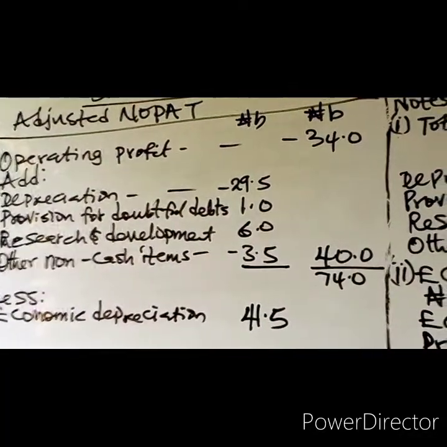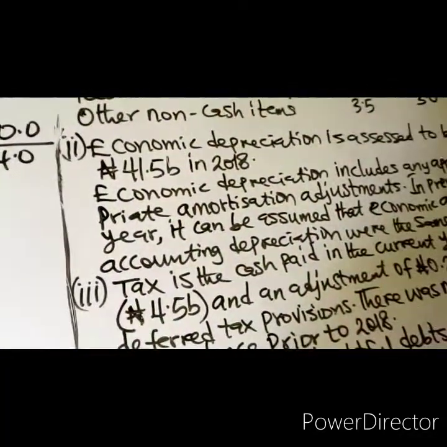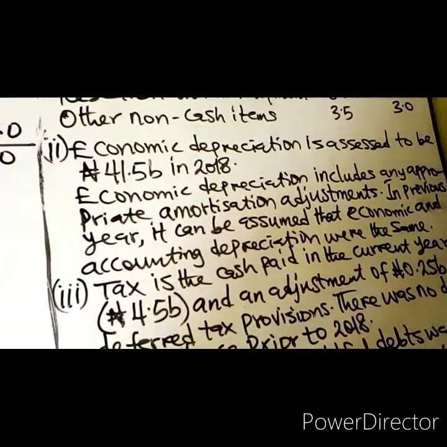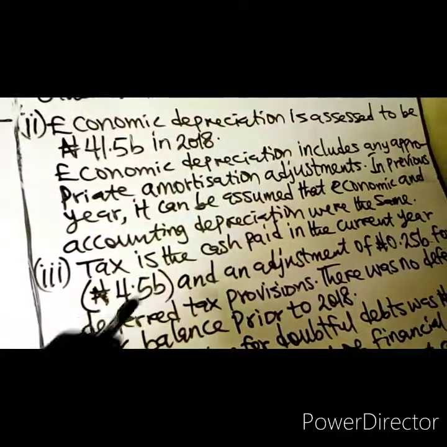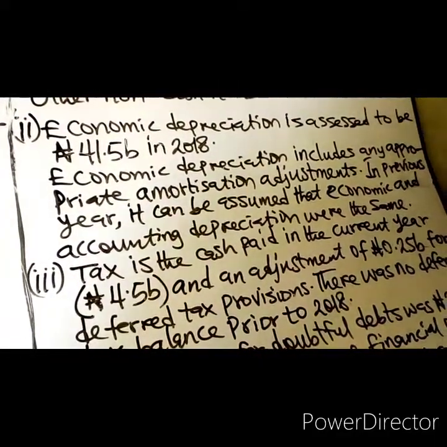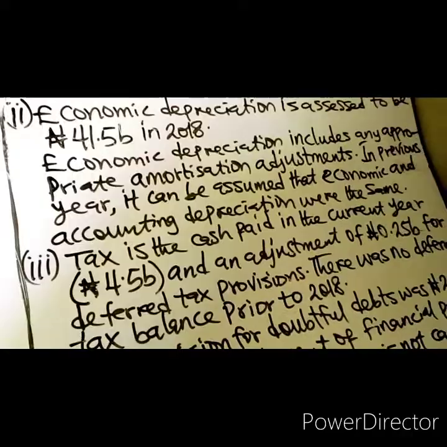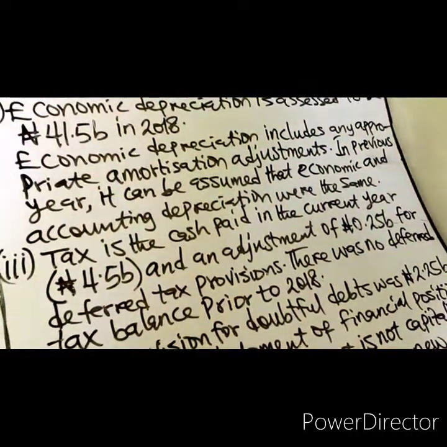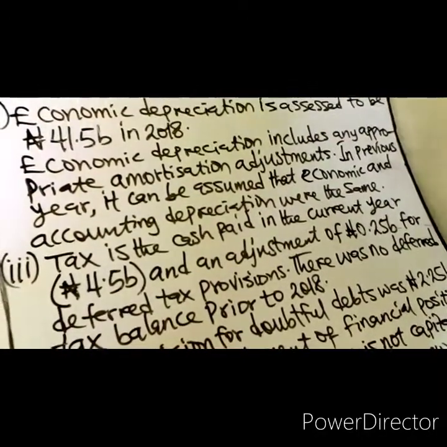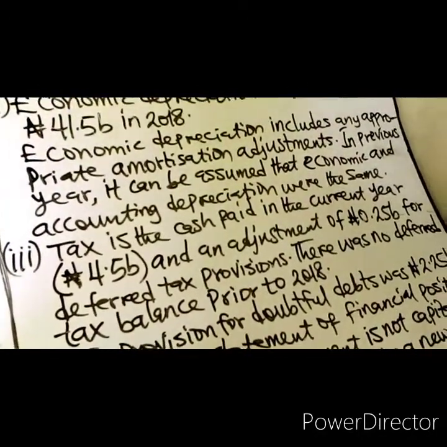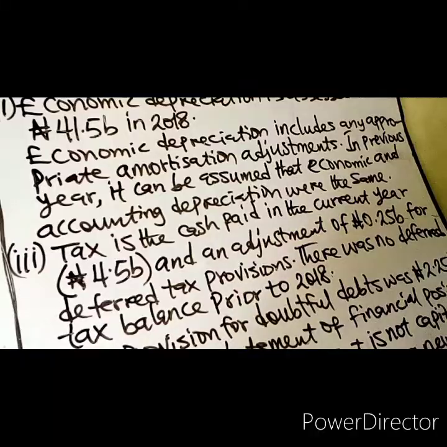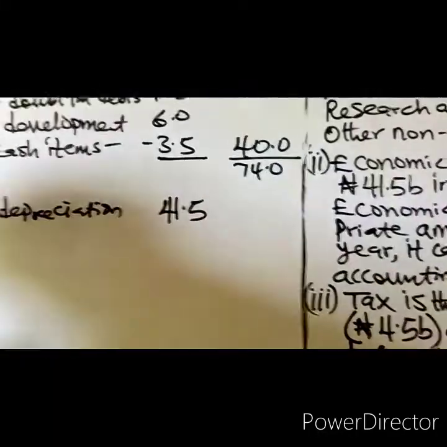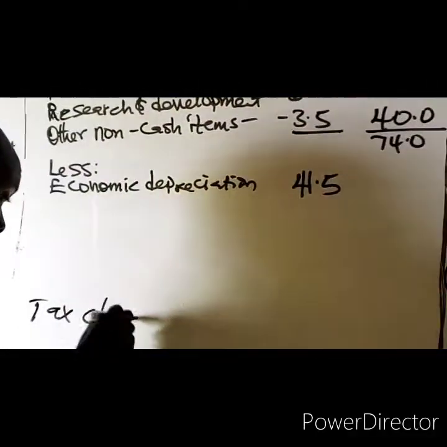Then tax is cash paid in the current year of 4.5 and an adjustment of 0.25 billion for deferred tax provisions. There was no deferred tax balance prior to 2018. So I've told you about the tax charge now, the tax charge in your NOPAT.